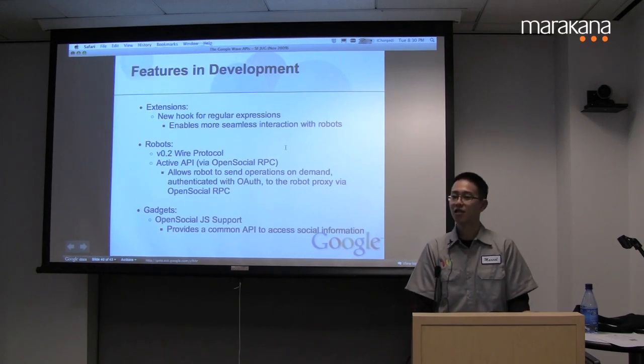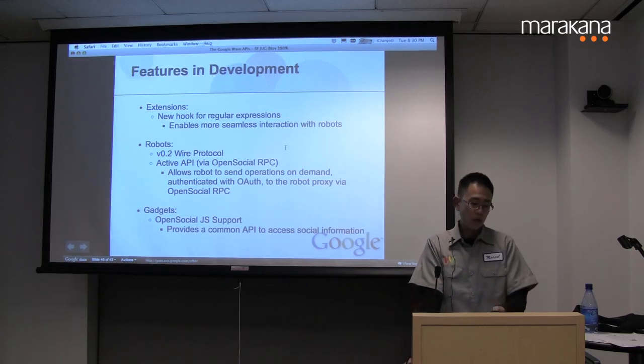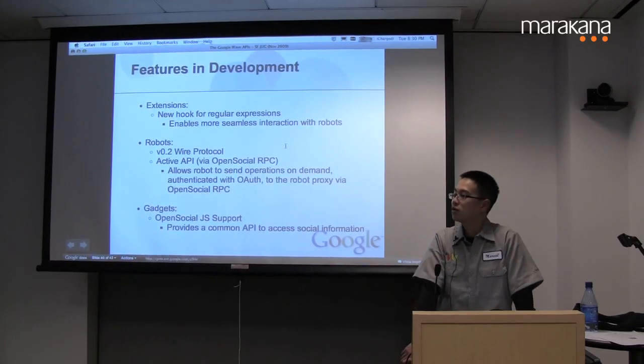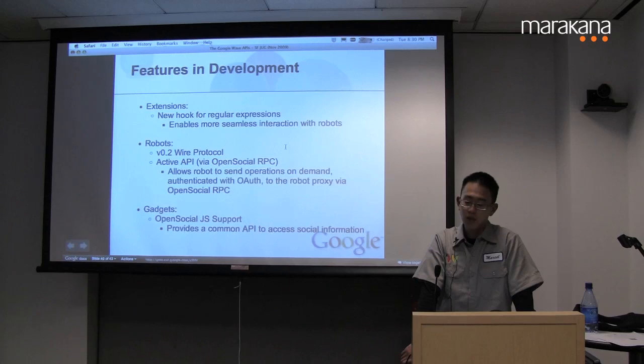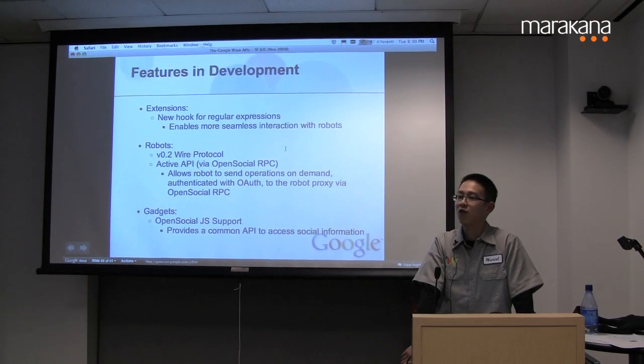It will make more sense if we make it language neutral. One more thing about that: we published a draft of the new wire protocol to the group, and you can definitely check it out and give us comments, concerns, complaints, or anything.